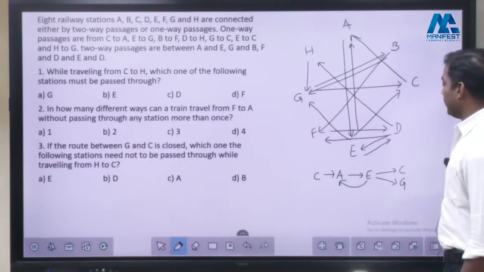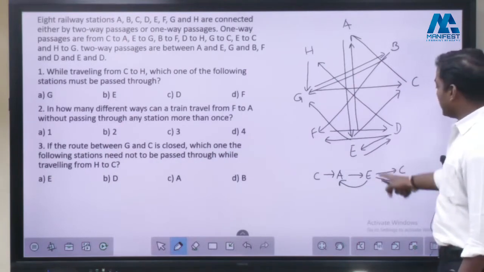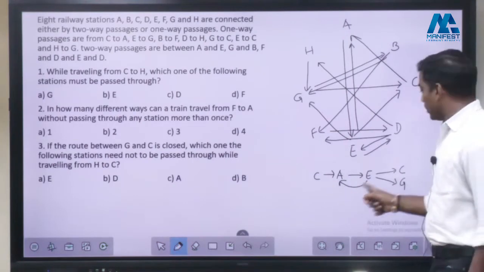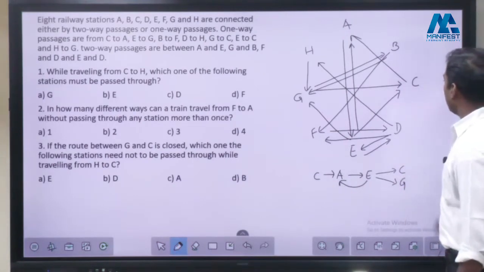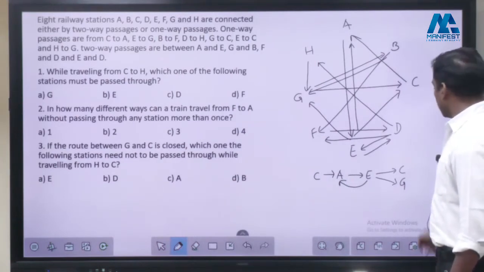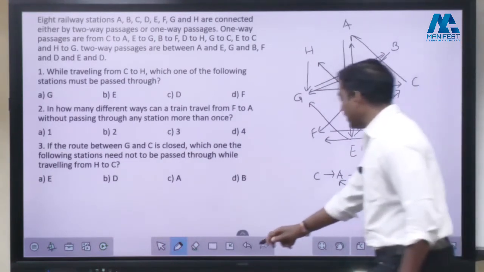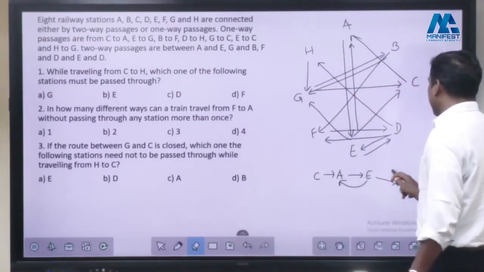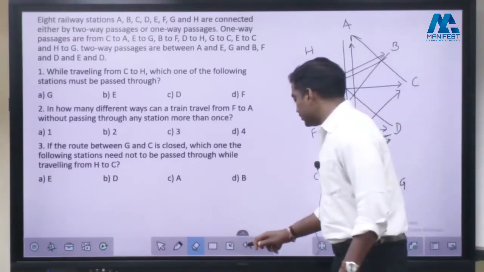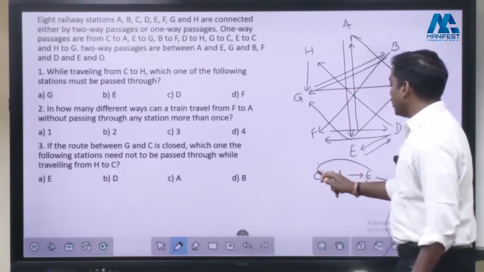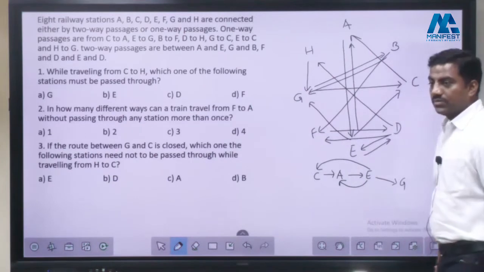Now check from C. See, anyway, when you come back to A, it will become a loop. Don't worry about that. So, C is here. How many outlets? Rather than writing this C, what can we do?